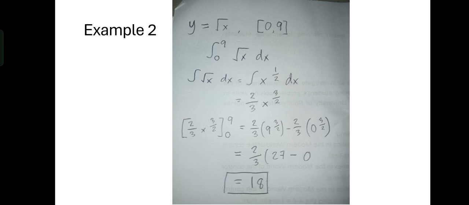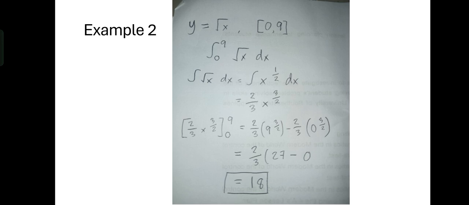Our integral is still in radical form. So the next step is to rewrite the integral in power form. The integral of square root of x with respect to x will be rewritten in power form, which is equal to the integral of x raised to 1 over 2 with respect to x.